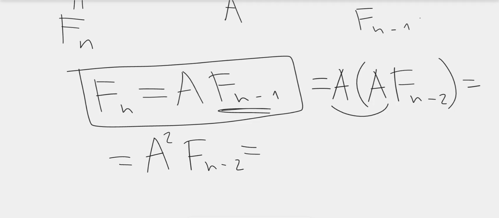And we continue: we can express F(n-2) using the same recurrent relation in terms of n-3 and so on. Finally we arrive at A to the power n-2 F2.